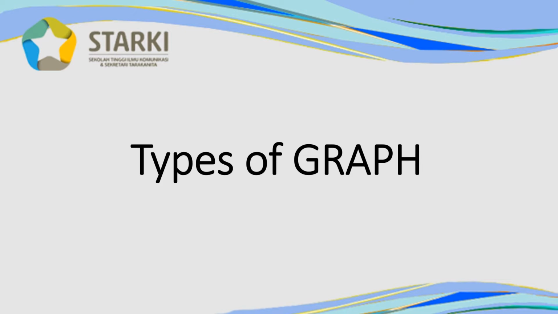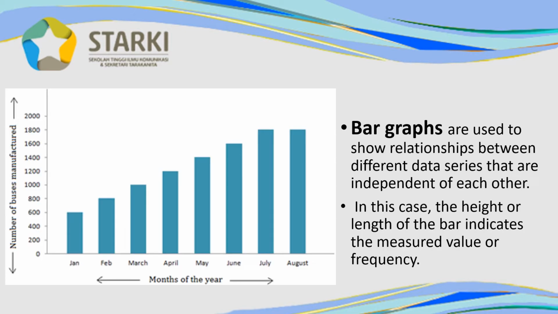Now we are coming to something specific. We are going to learn about the types of graph, the types of visual information. There are some. The first one is the bar graph. This is an example of the bar graph. Bar graphs are used to show relationships between different data series that are independent of each other.